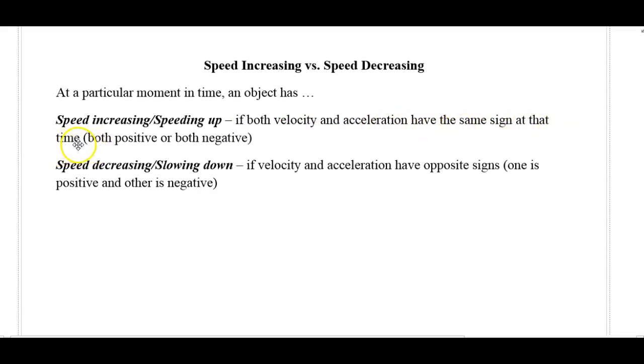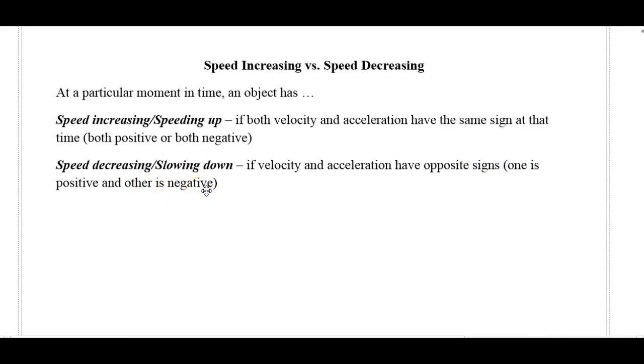So if at a particular moment in time, velocity and acceleration are both positive or both negative, then an object's speed is increasing, or that object is speeding up. As opposed to an object having a speed that is decreasing, or slowing down, if velocity and acceleration have opposite signs. So one of them is positive and the other one is negative.